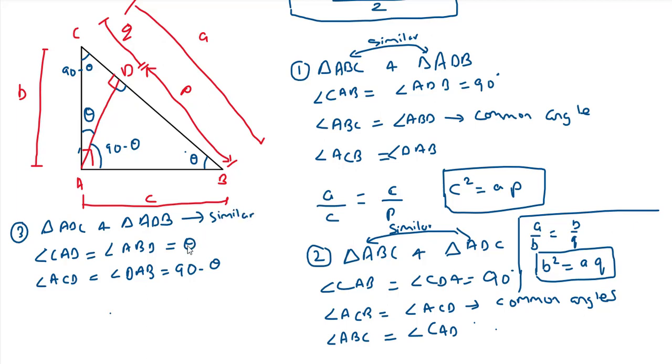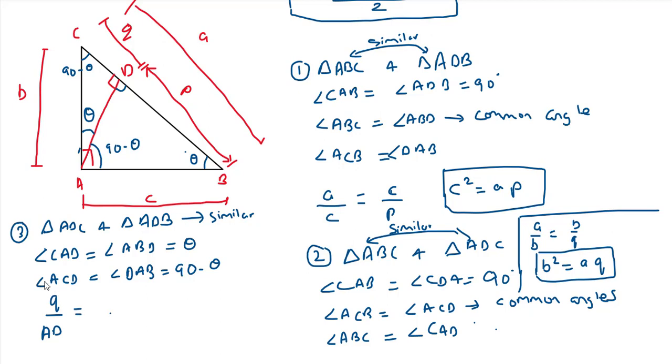So from the ratio of proportional sides for similar triangles, we'll get the following ratios. The side opposite to angle CAD is Q. So we'll get Q upon the side opposite to angle ABD, which is AD.